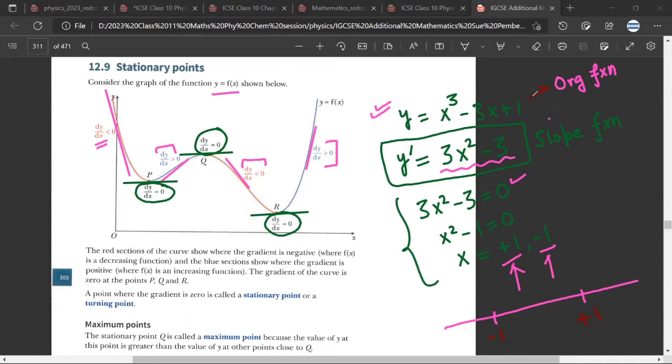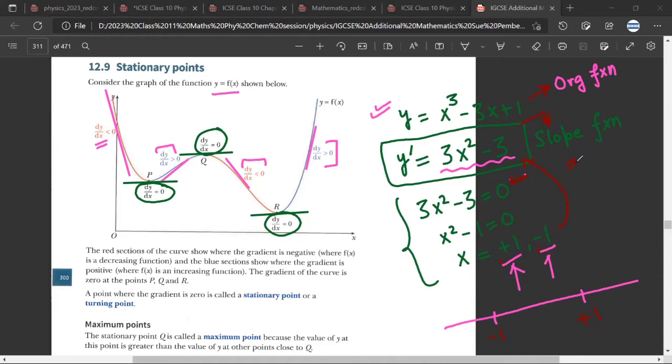This is my original function. Are we clear? When I take a first differential of the original function, it is a slope function. Is it clear? Yeah. The slope function, if I put it as 0, there are two x points, plus 1 and minus 1, where this slope function would be 0. Am I making sense? Yeah.